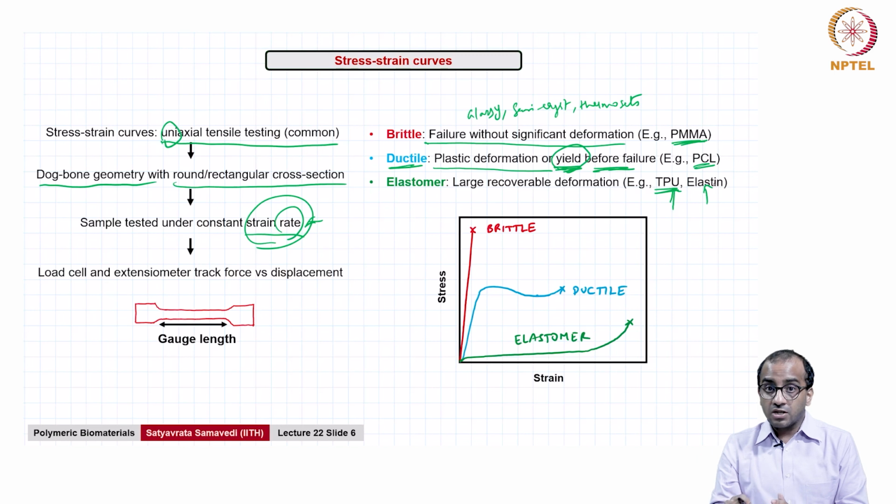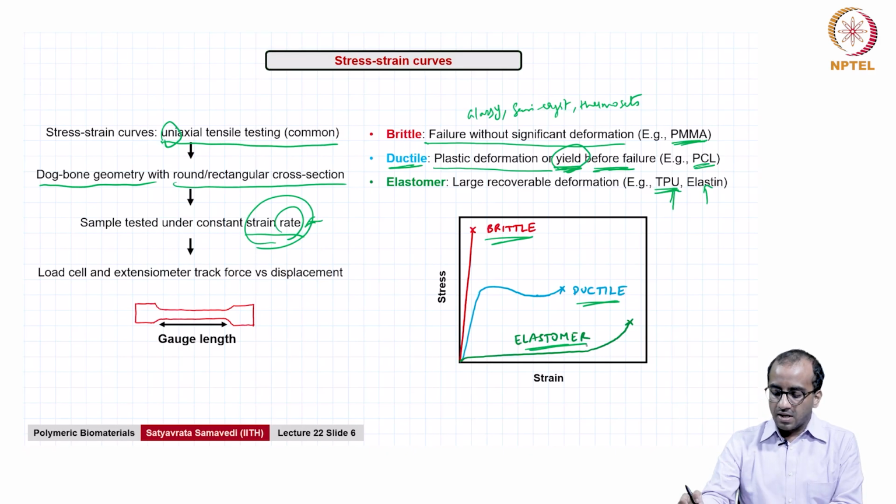So, those kinds of materials are elastomer-like. Again, just to summarize this picture here, we are broadly thinking about stress strain relationships based on the nature of the curves and classifying these materials as brittle or ductile or elastomer-like. Of course, you can have things in between as well, with some amount of one, some amount of the other, etc. But these are more classical textbook case examples.